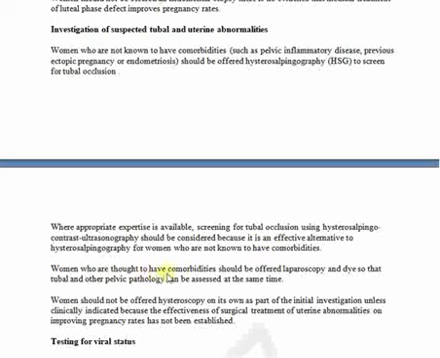Women who are thought to have comorbidities should be offered laparoscopy and dye so that tubal and other pelvic pathology can be assessed at the same time. Women should not be offered hysteroscopy on its own as part of the initial investigation unless clinically indicated, because the effectiveness of surgical treatment of uterine abnormalities on improving pregnancy rate has not been established.